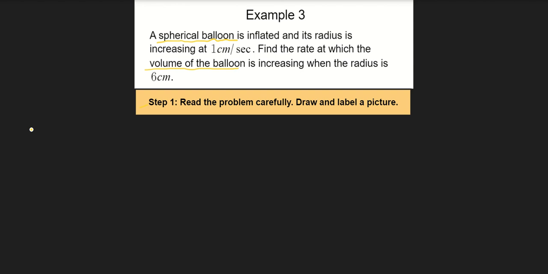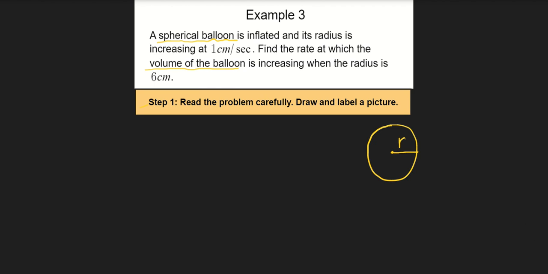Okay, so we read the problem. Of course the problem is about a sphere, so we will draw a sphere in two-dimensional space. It's not an easy thing to draw a sphere, so assume this is a sphere, and it has a radius r. We can represent the radius by the small letter r.